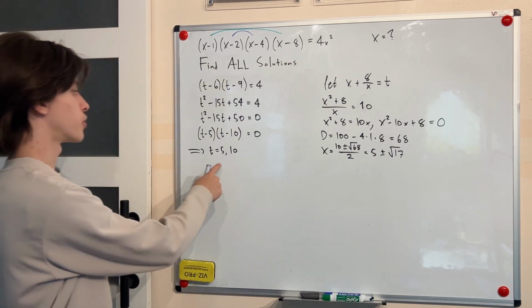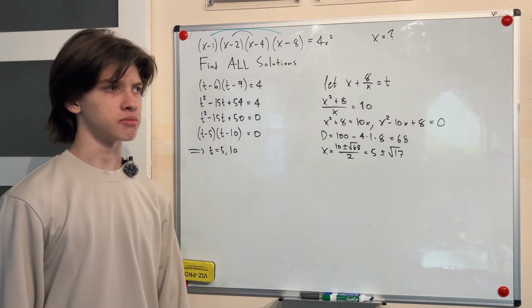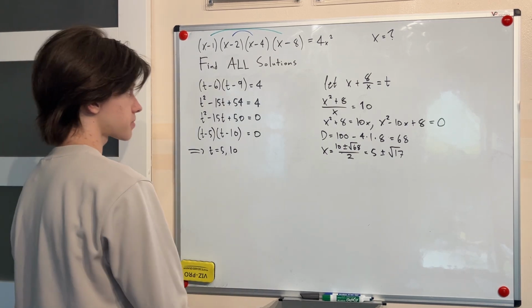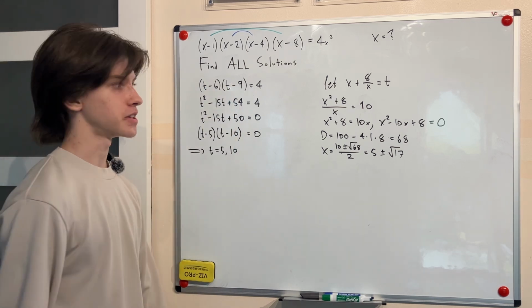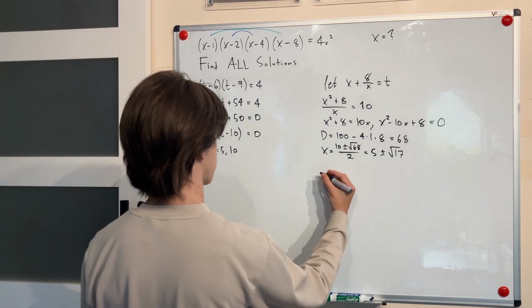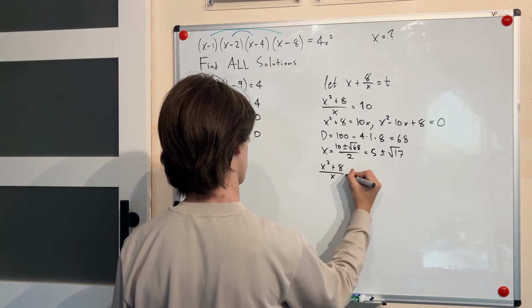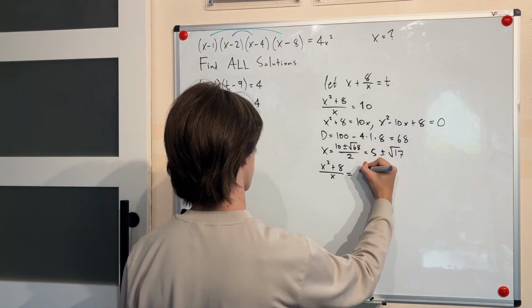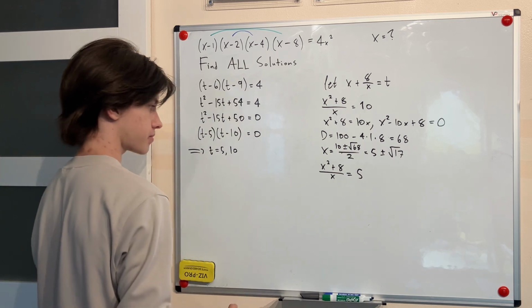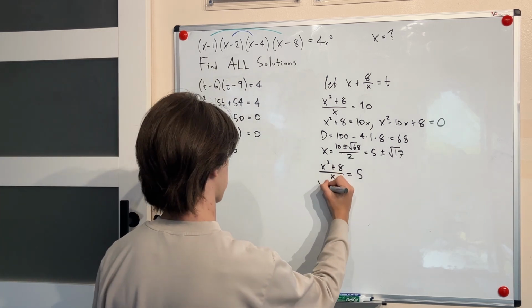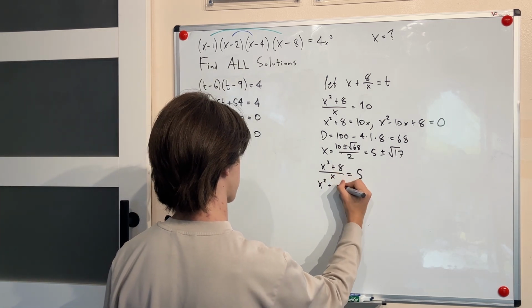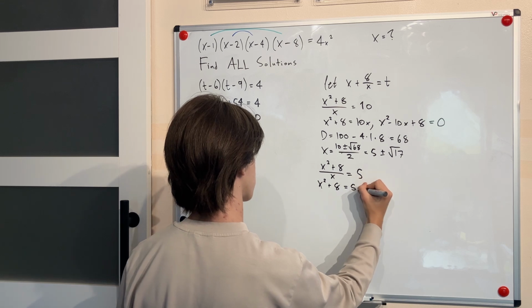Because now if we do for t equals 5, we'll get some complex solutions. But we are asked to find all anyway, so let's do that as well. We get that x squared plus 8 over x is equal to our next t value, which is 5. So then x squared plus 8 is equal to 5x.